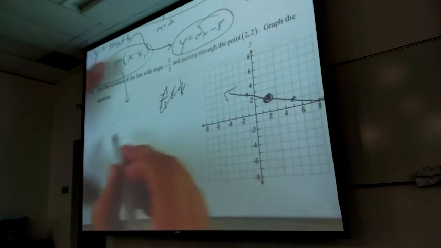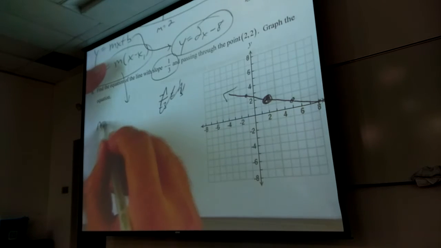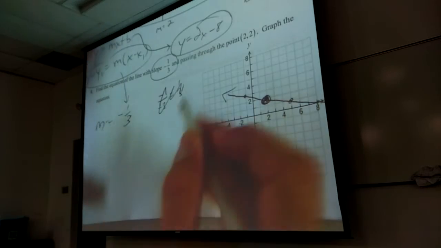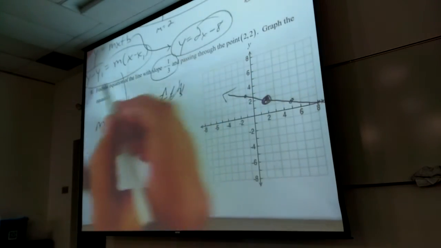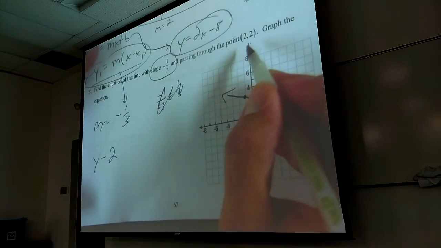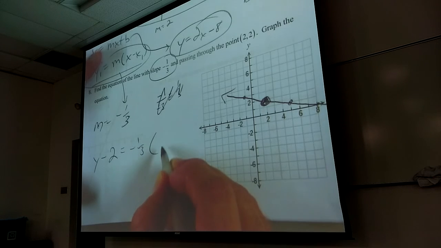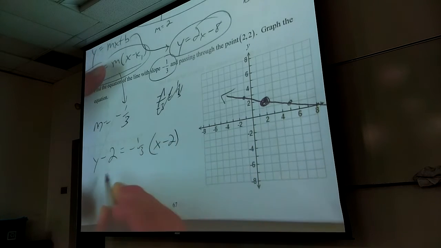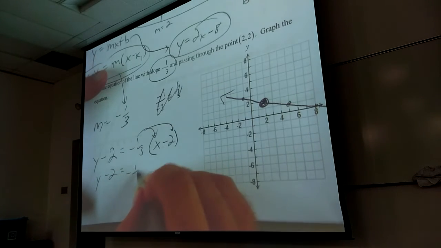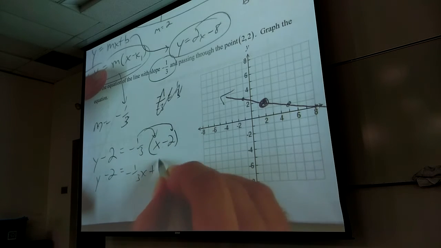All right, now how do I find the equation? What do I know? M is negative 1/3. Which equation do I want to use? I pretty much already told you. This guy. So y minus what? 2. You can't go wrong with a point like 2, 2. y minus 2 equals negative 1/3 times x minus 2. Negative 1/3 x plus 2/3.